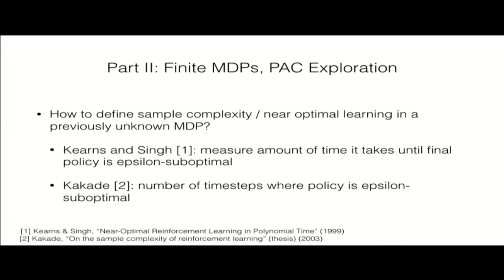But let's actually move into MDPs. So here the problem gets quite a bit harder, because now you might have to take a sequence of actions to get to the part of state space where you're going to learn something new.